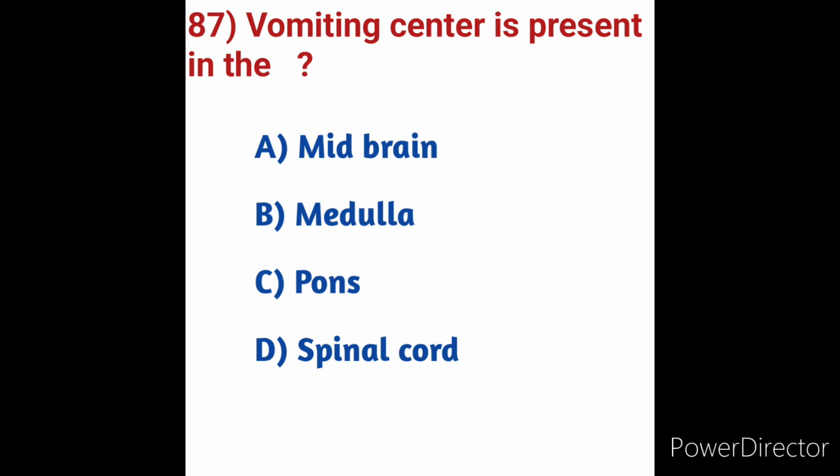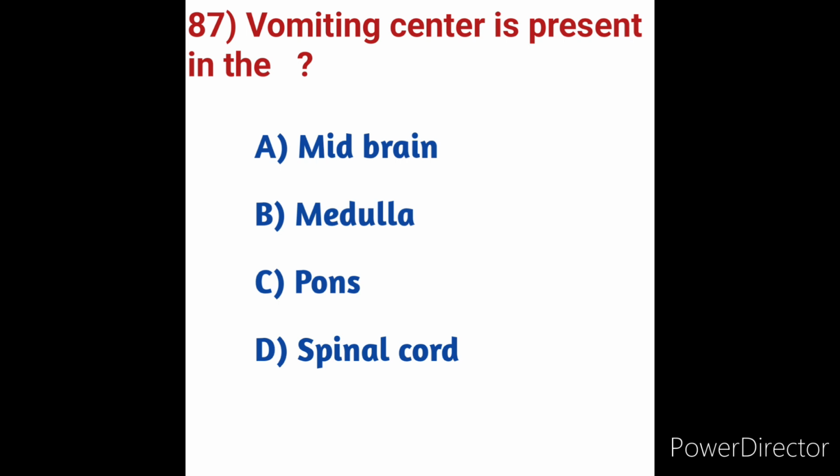There are two distinct brain centers, the vomiting center and the chemoreceptor trigger zone, both located in the medulla oblongata. The vomiting center initiates and controls the act of emesis, which involves a series of contractions of the smooth muscles lining the digestive tract.